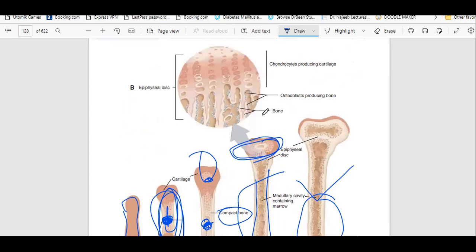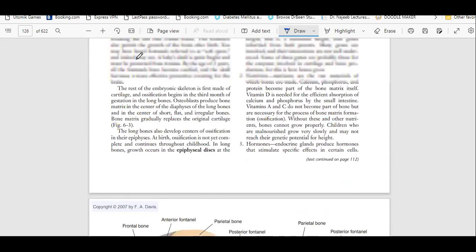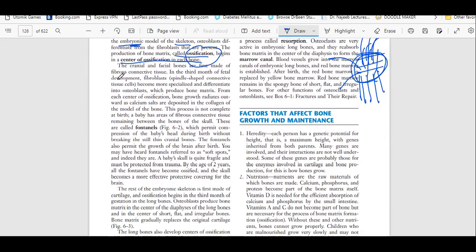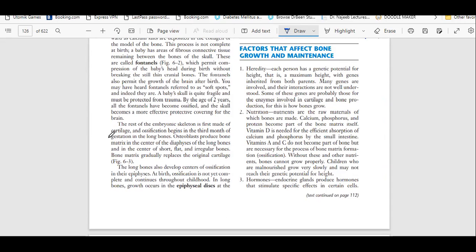This is the matrix. You can see that this is the bone, osteoblast which produces bone, and chondrocyte producing cartilage. You can see that the cranial and facial bones are made up of fibrous connective tissue. So these are the other details.